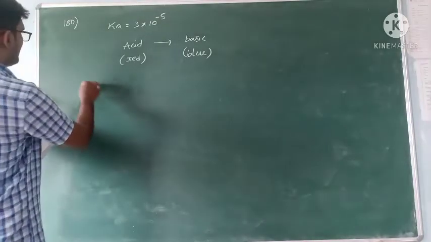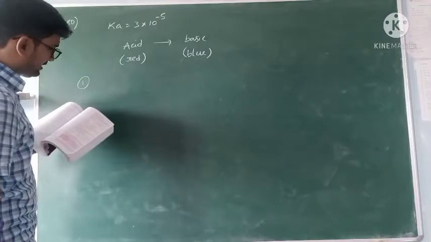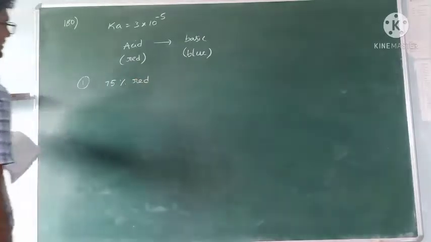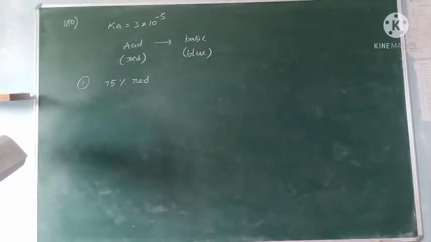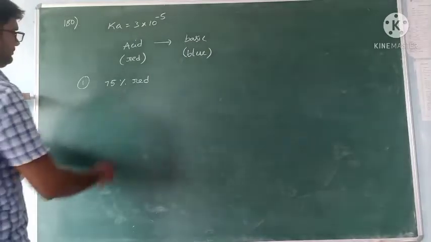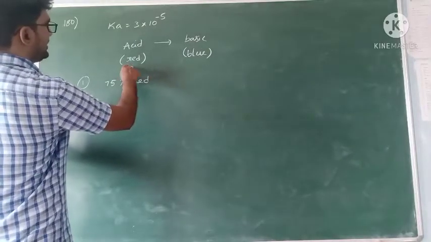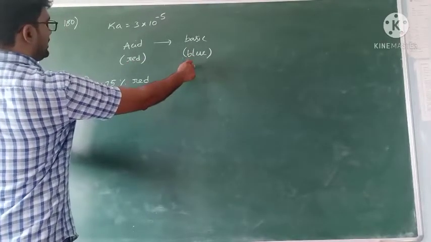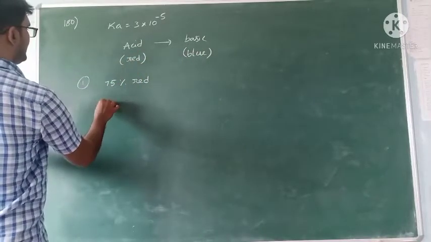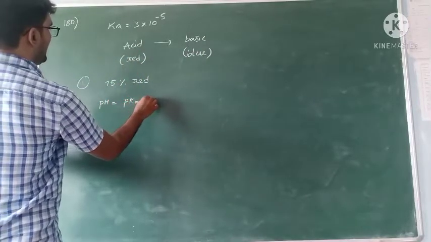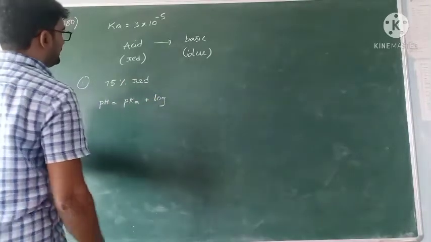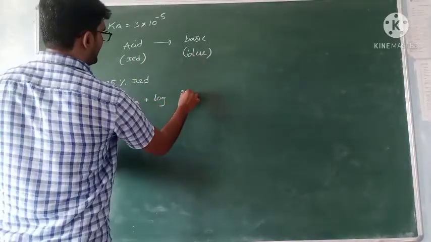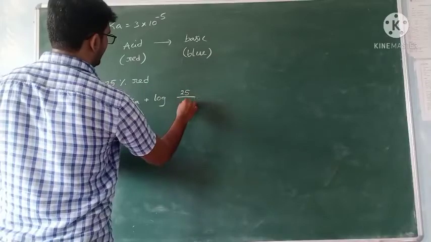Calculate. So first I will check the first option. In first option, 75% red is present. 75% red means this is 75%, this is 25%. So product by reactant. So pH is equal to pKa plus log 25 by 75.